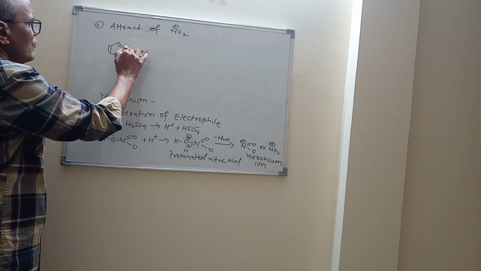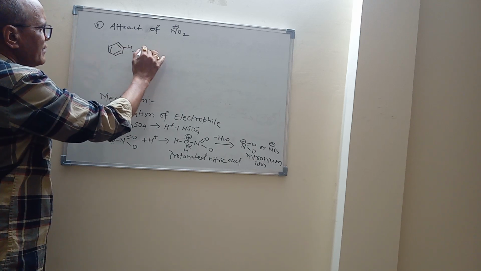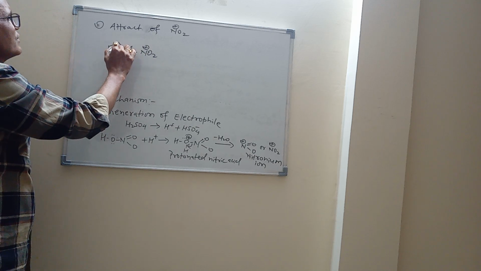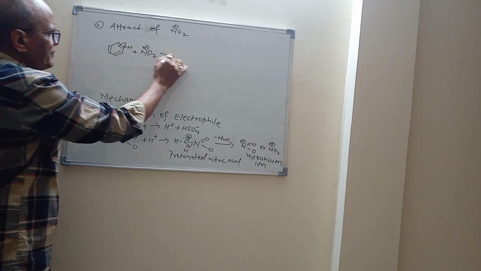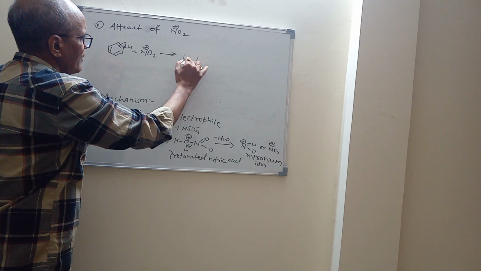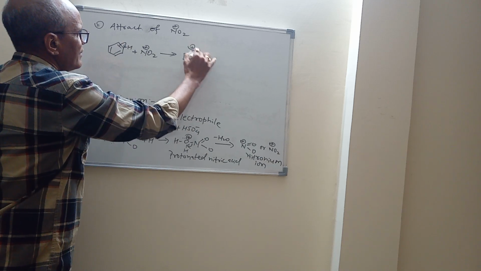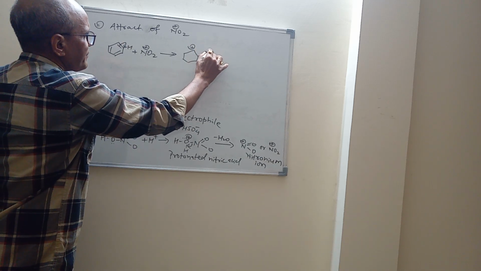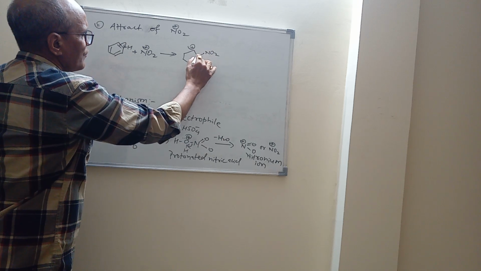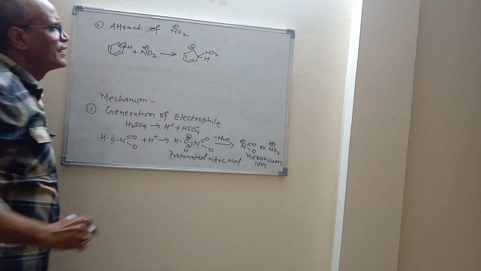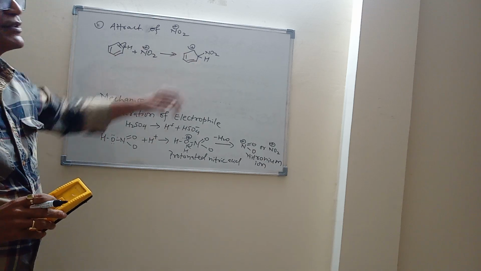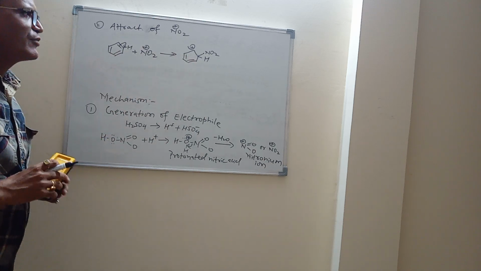Here one C-H bond is already there. Now this NO2 plus will attract pi electrons to give here a carbocation. So this intermediate we are getting in the form of a carbocation.